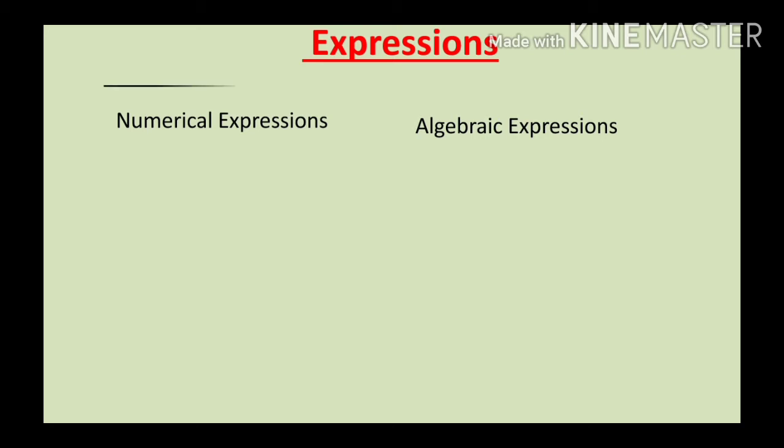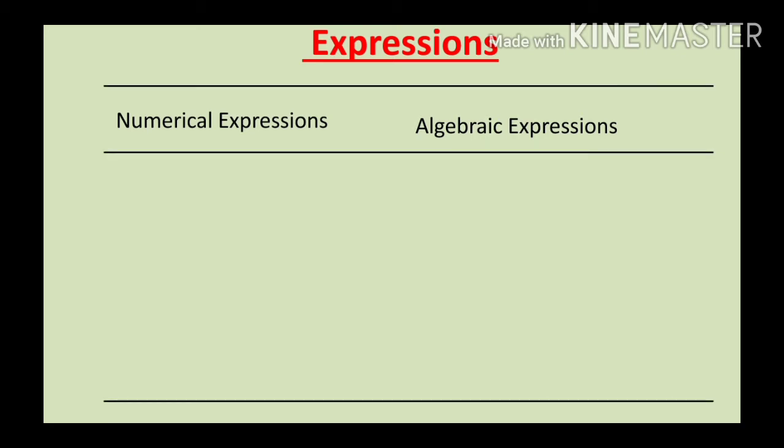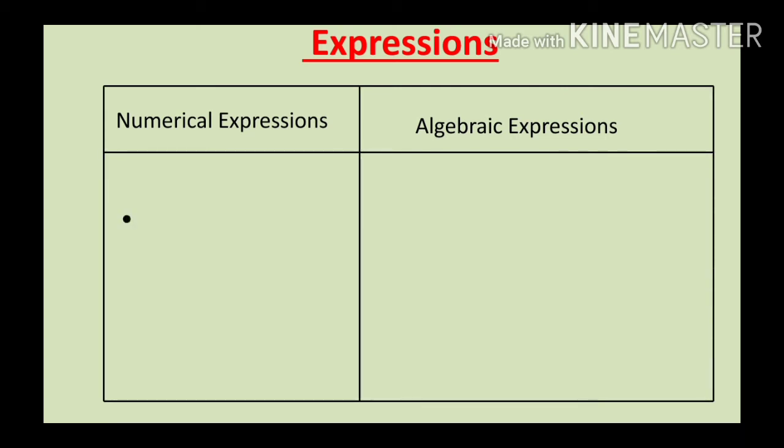An expression is a single term or more terms combined with addition and subtraction. Generally expressions are of two types: numerical expressions and algebraic expressions. A numerical expression has only numbers combined with plus and minus symbols.